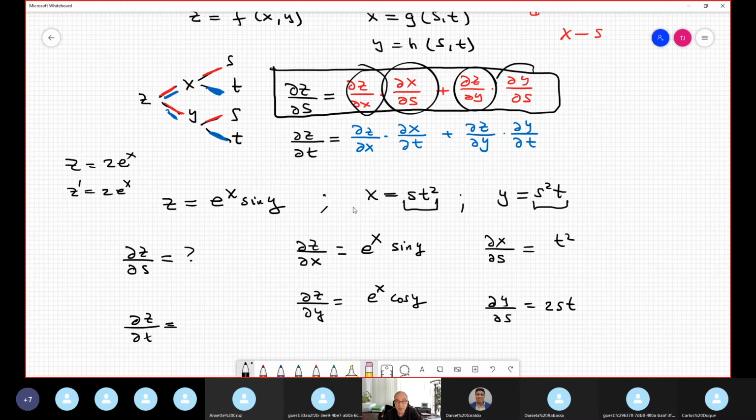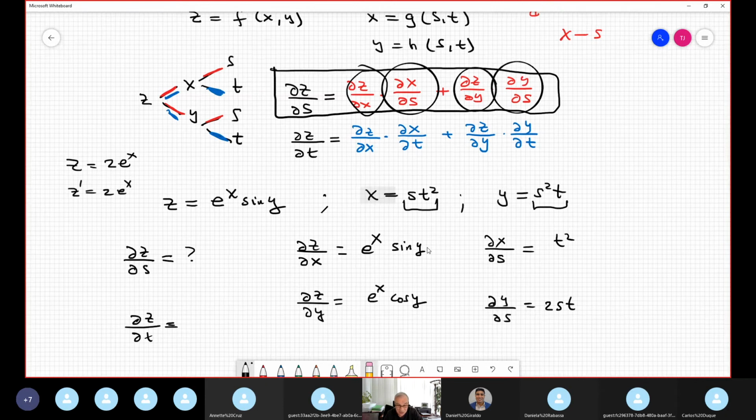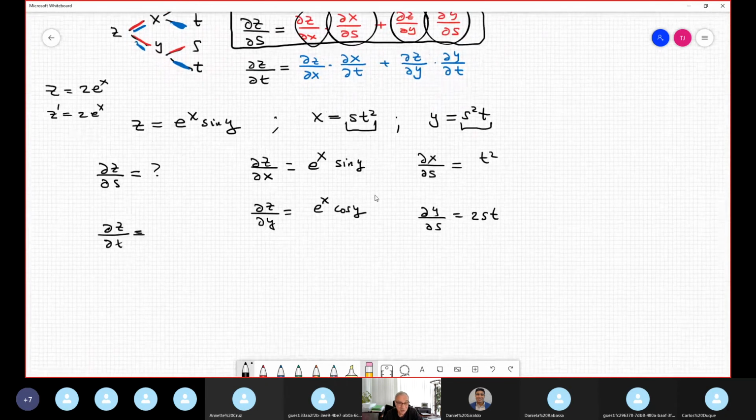I have that put together. Be careful, because in the final answer, you express it only using the independent variables, s and t. So you replace x with st squared and y with s squared t. This is elementary.